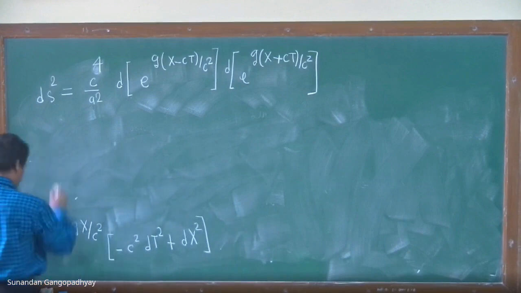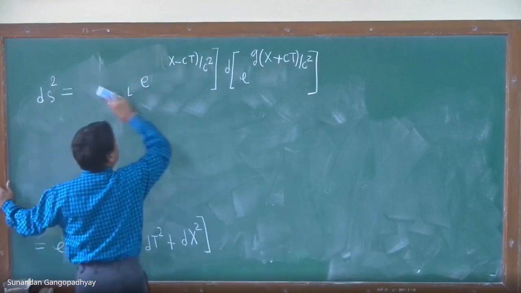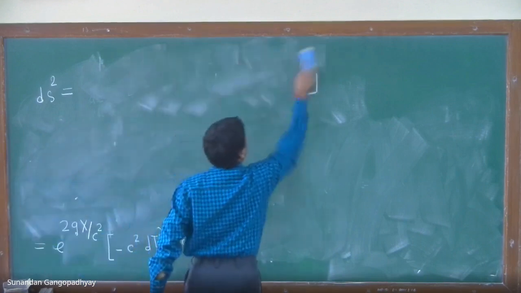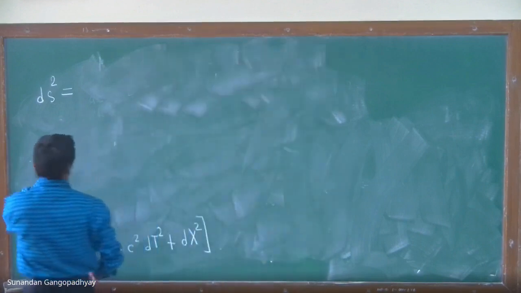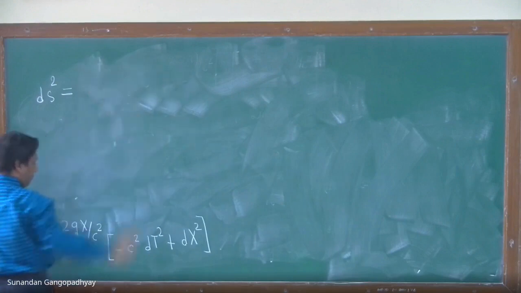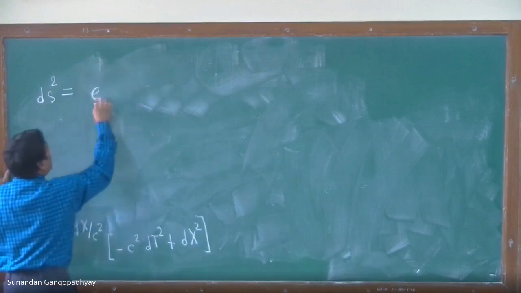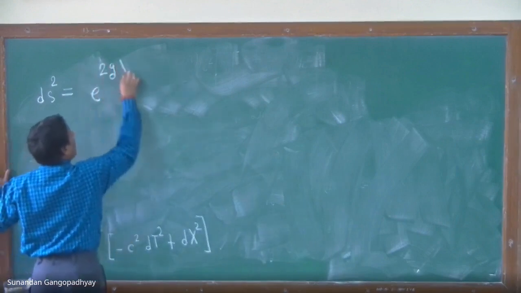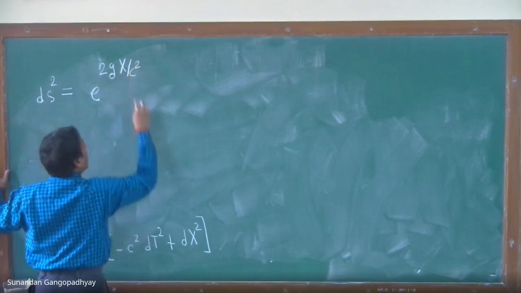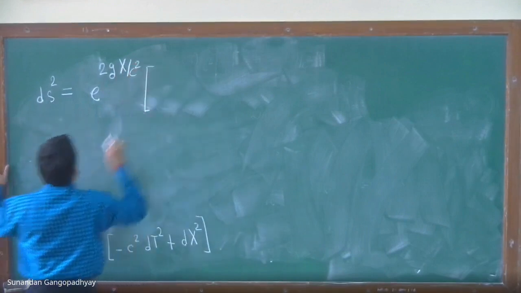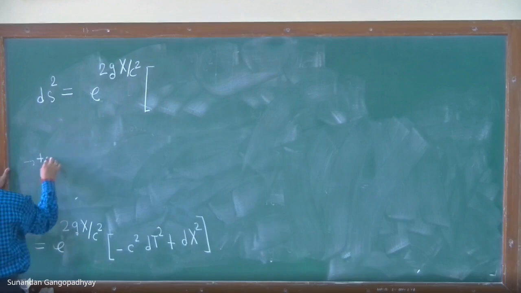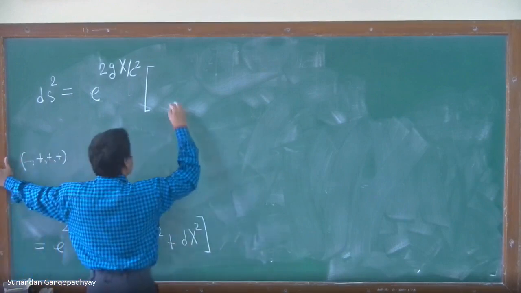So this is equal to, by the way, our signature is diagonal, so this is minus.